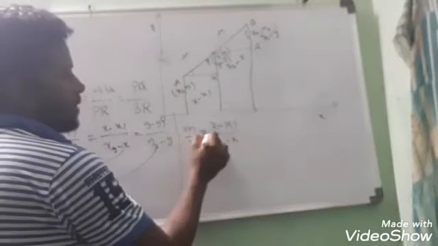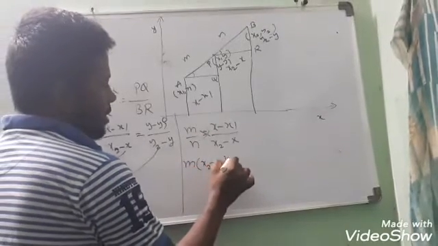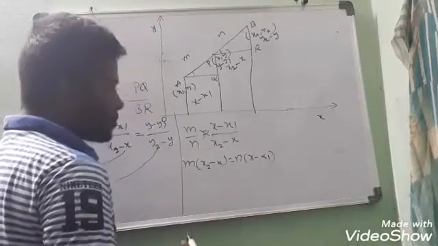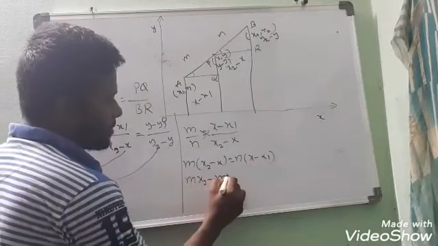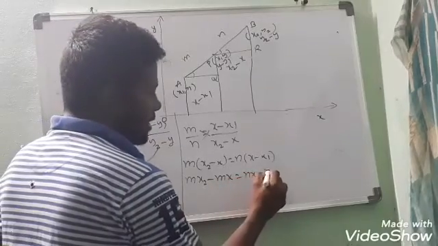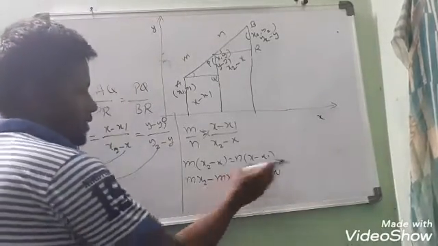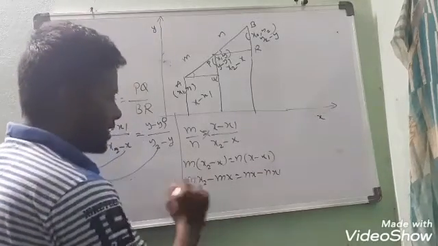Let's do cross multiplication. So what happens? m into (x2 minus x) and n into (x minus x1). So multiplying: mx2 minus mx equals nx minus nx1. Let's take minus mx to the right side and minus nx1 to the left side.